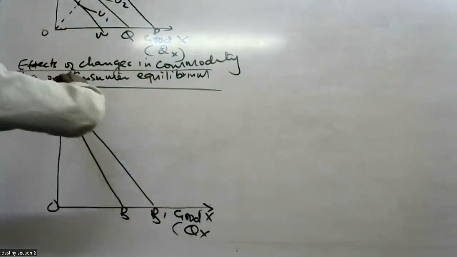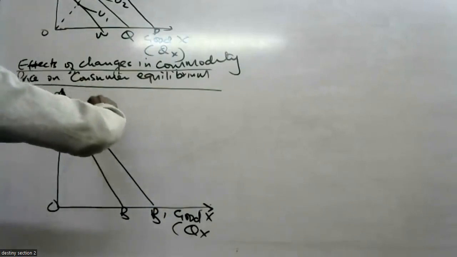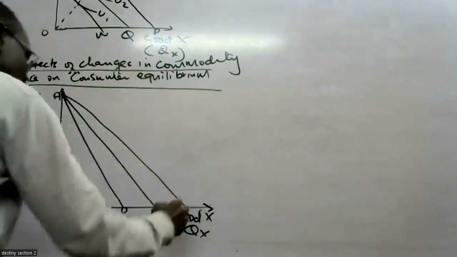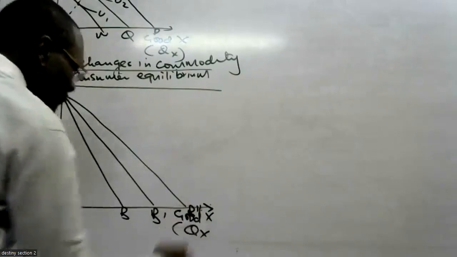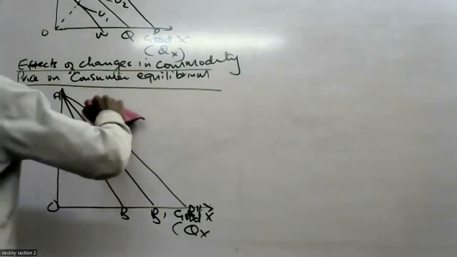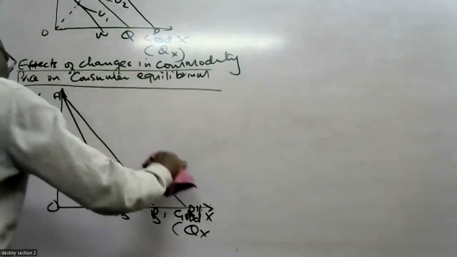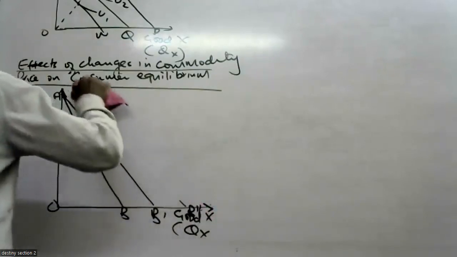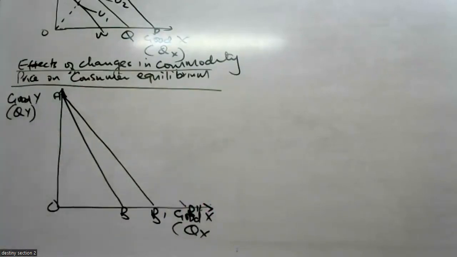If the price is allowed to fall even further, it will pivot even further to AB double prime. What will happen? Every time it pivots, it makes a tangent with a different indifference curve.